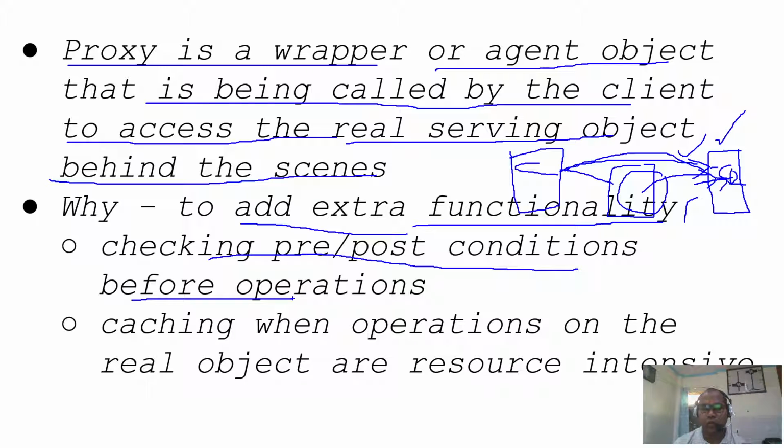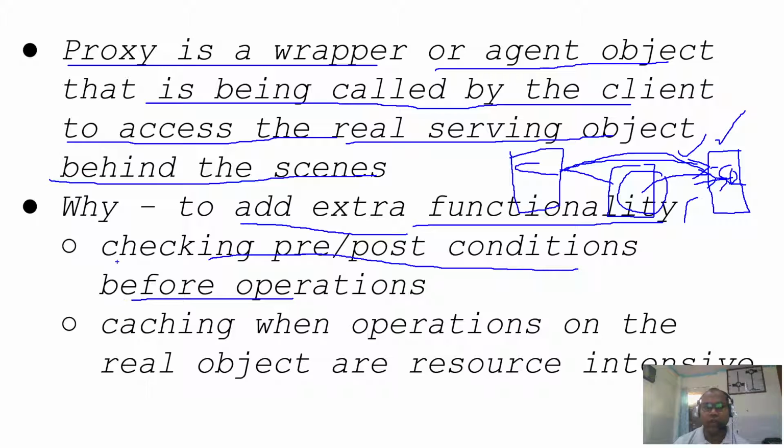So the proxy pattern offers a place where a service proxy provider can add these conditions. Or even if the actual function we are calling takes a long time and is very CPU intensive, we can cache the result.